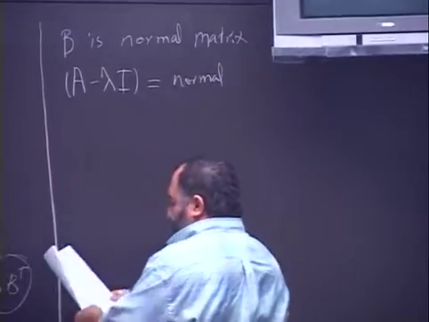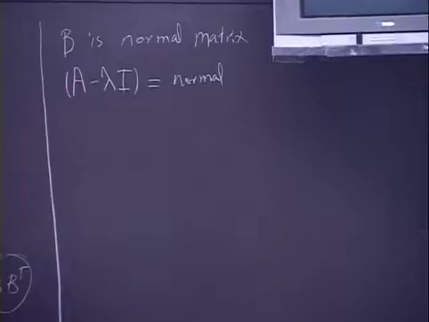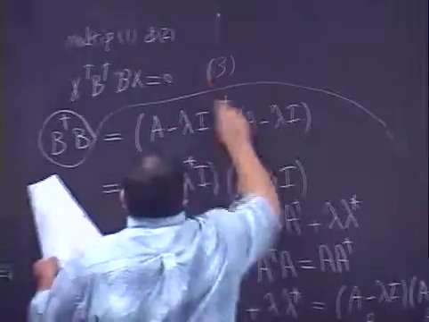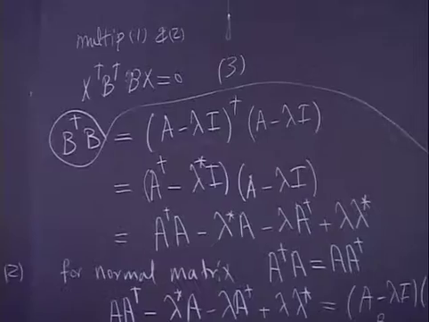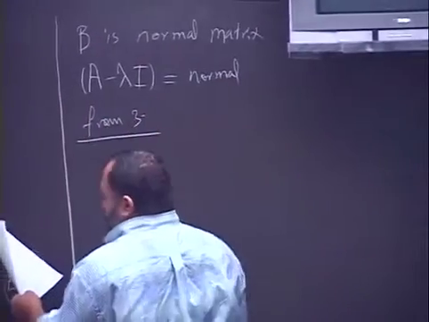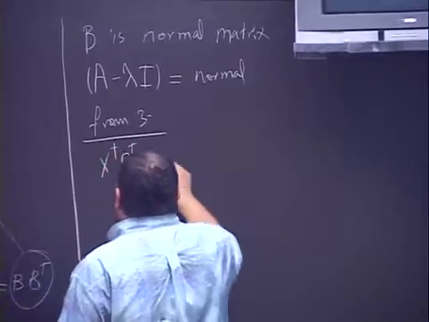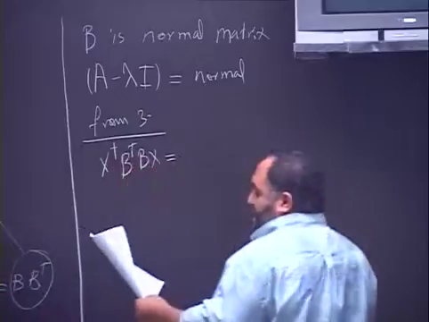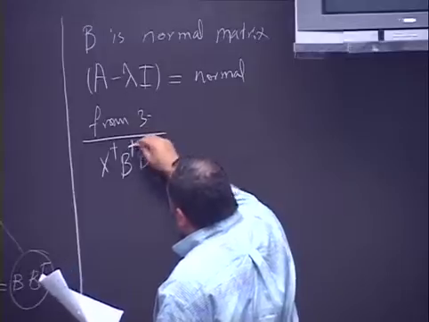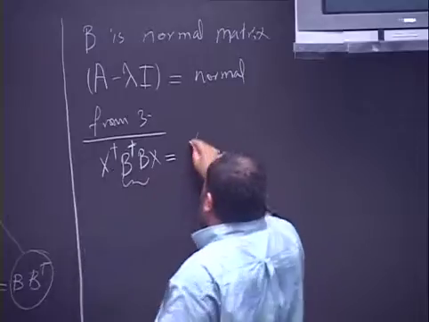So now if we call this one 3, from 3 we have X dagger, B dagger, Bx, and this is normal, so I can swap the order for commutation.